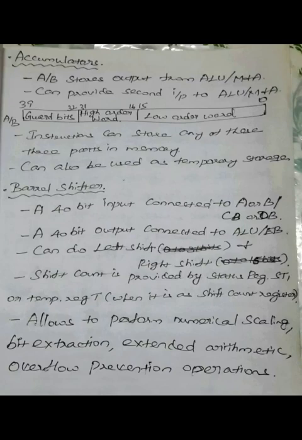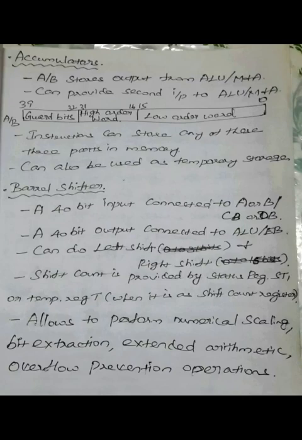This barrel shifter is useful to perform extended arithmetic operations in digital signal processor C54x. What is extended arithmetic operation? I can explain it with a simple example. We can do multiplication or division by powers of 2 with the help of shifting the data left or right. Multiplication by 2 is nothing but shifting the data by 1 bit left.